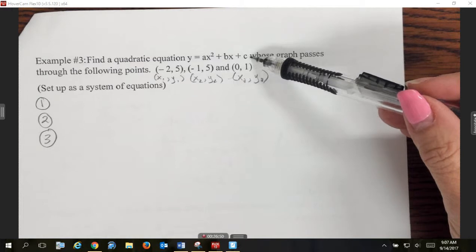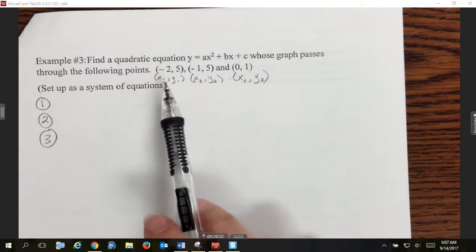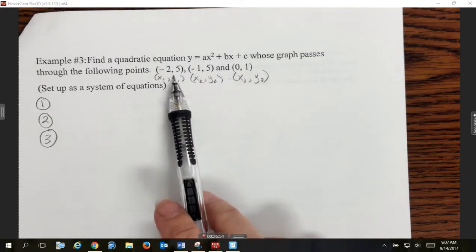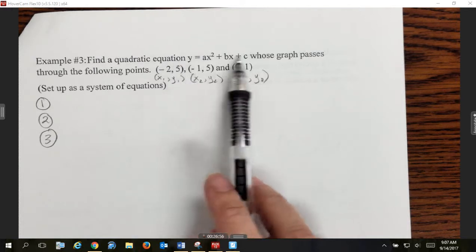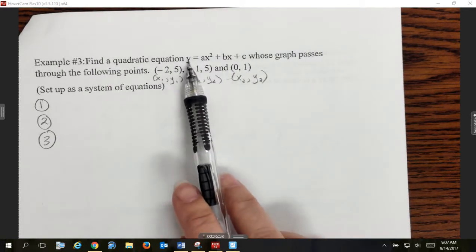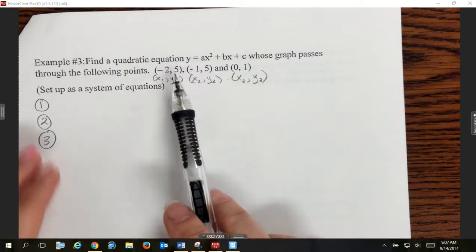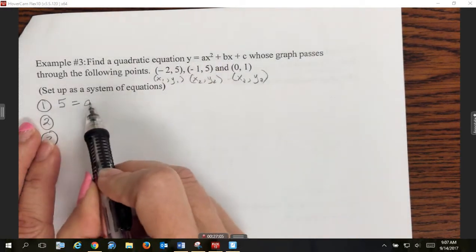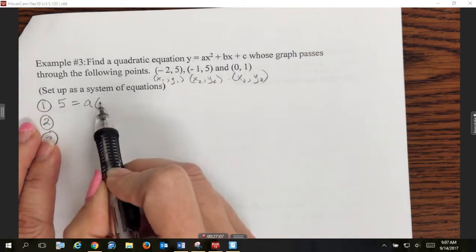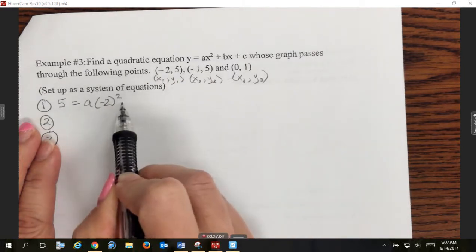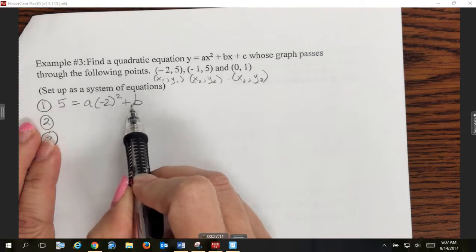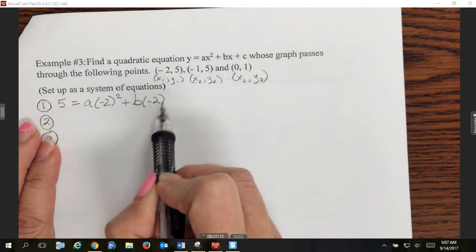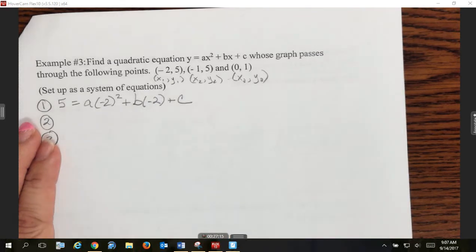Equation 1, I'm going to get by plugging in the first ordered pair for the x and y into this equation. So y in equation 1 is 5 equals a, I don't know, x is negative 2 squared plus b, I don't know, x is negative 2, plus c, I don't know.